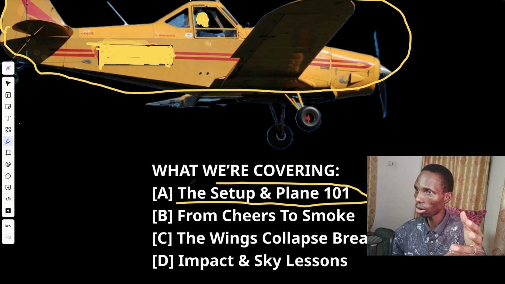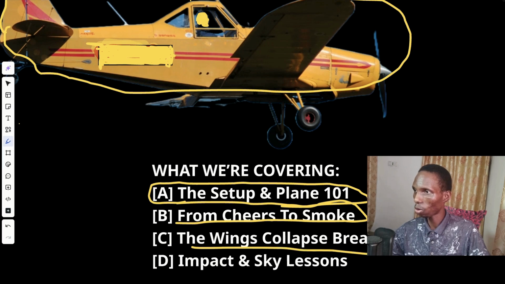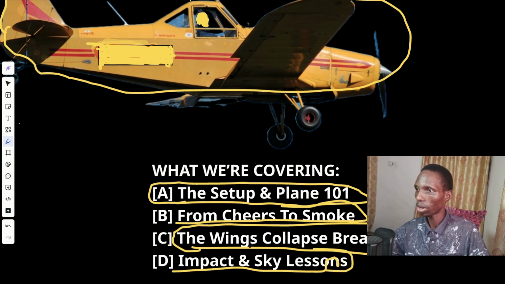I always like to give you a bit of 101 about the plane involved in the crash. Then we look from cheers to shouts to smoke and the wing collapse breakdown. What really went wrong? We'll learn it there, and then we'll see the impact of that crash, and probably one or two lessons we can learn from it as well.